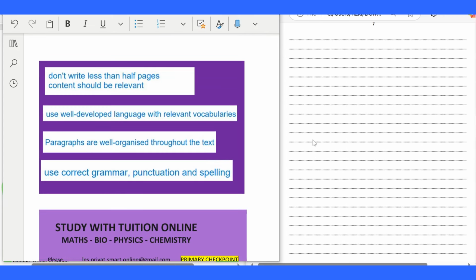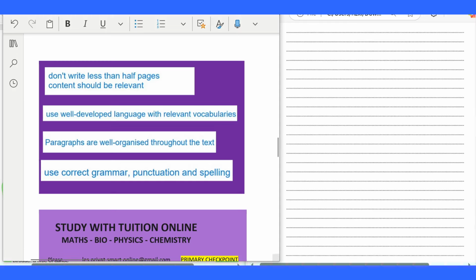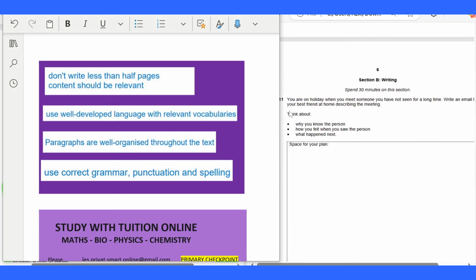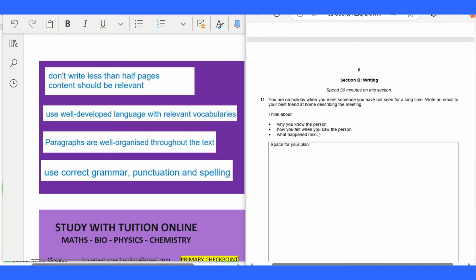At least 1 or 1.5 pages will be good. It should be relevant to the instruction here, and use good vocabulary, well-organized paragraphs throughout the text, and also correct grammar, punctuation, and spelling.